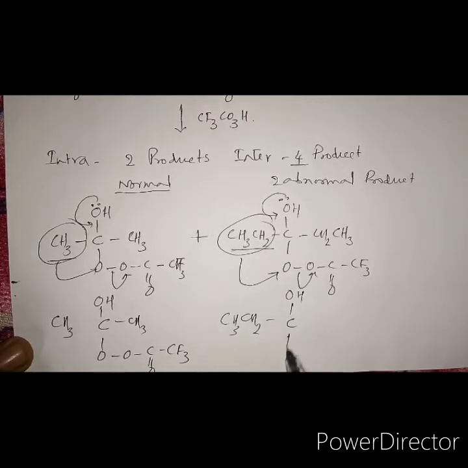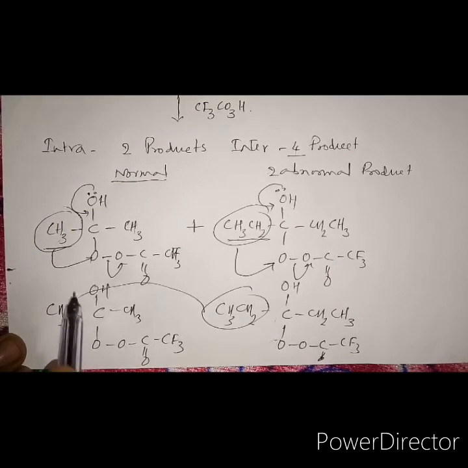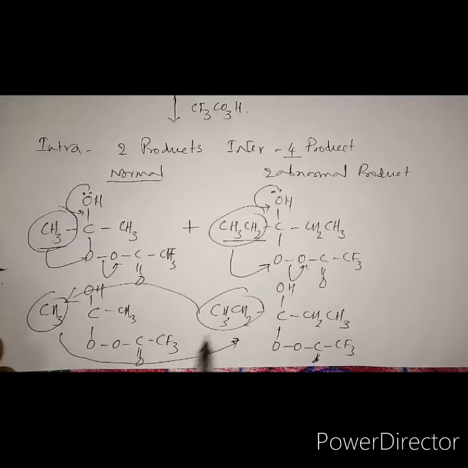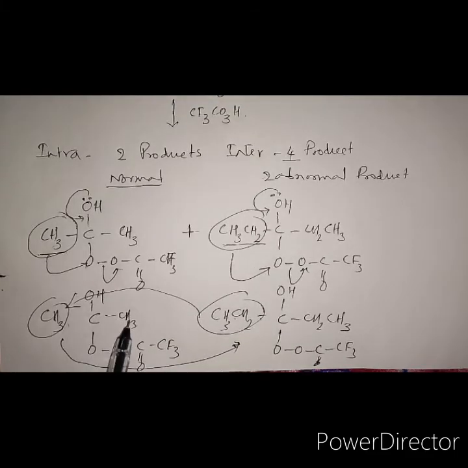There is no bond, it's totally free. If it is free, what will happen? They can migrate from one end of the molecule to another. So this will move towards here, this will go here. Once it goes there, what will happen? The CH3 will be attached here and CH3CH2 will be attached here.